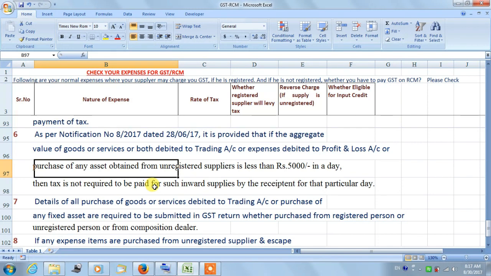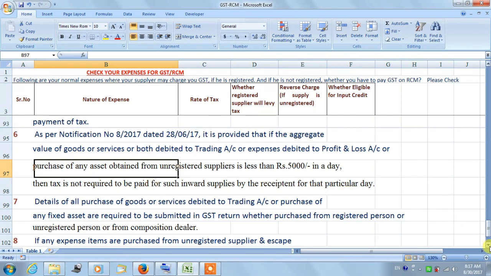If the amount is above 5,000, then you need to pay GST on it. Means the reverse charge mechanism is applied if the amount is above 5,000. If it is less than 5,000 in a day, then no reverse charge will apply on it.